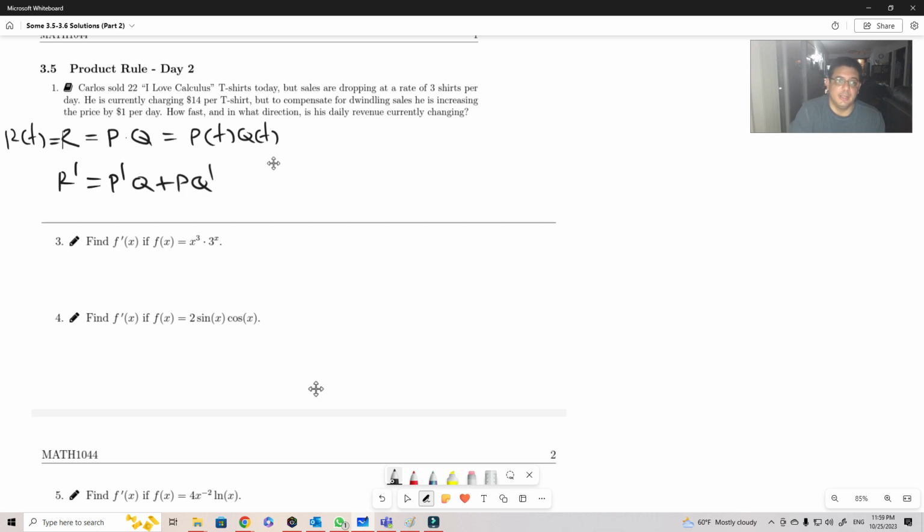Okay. Notice that we do have those values. So P is the price, and P prime, or the change in P with respect to time, is actually $1, right? $1 per day.